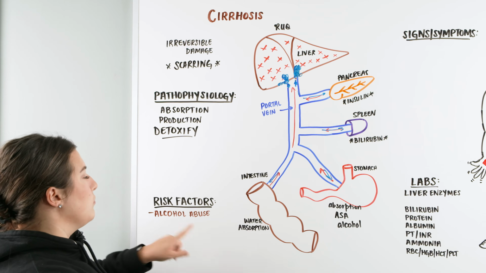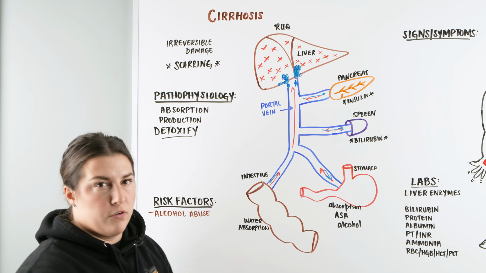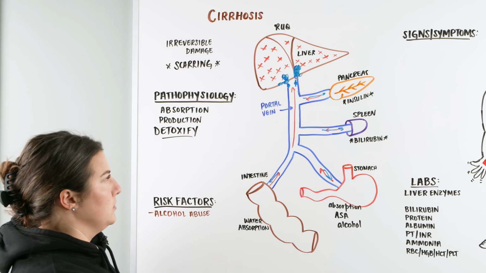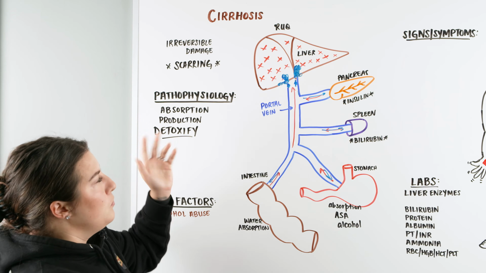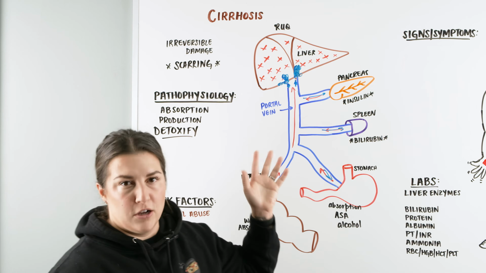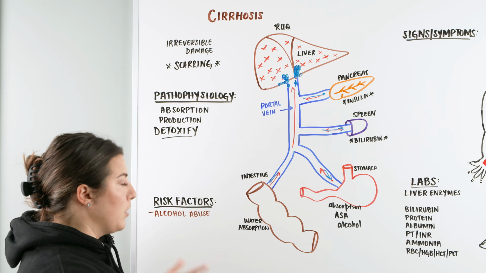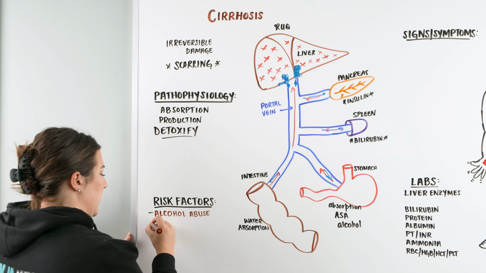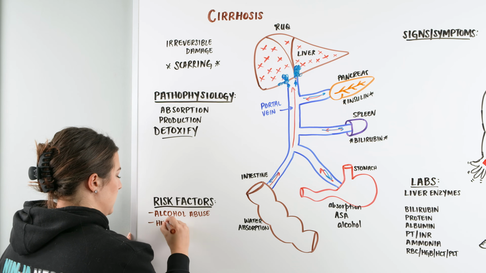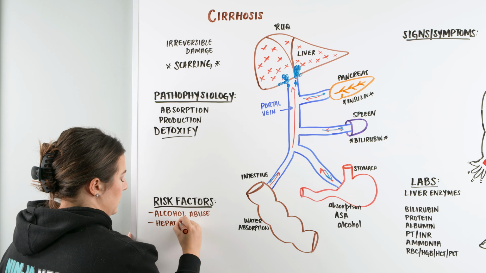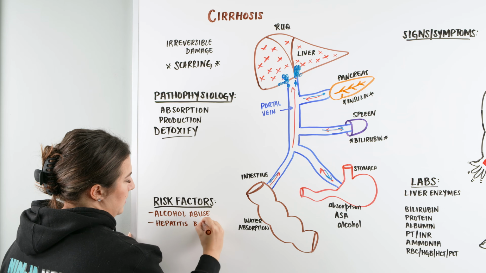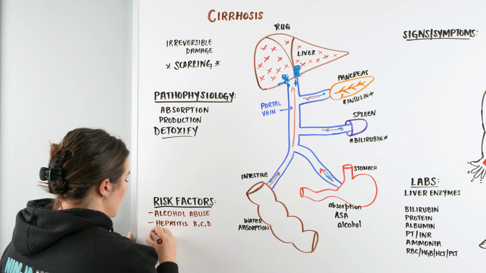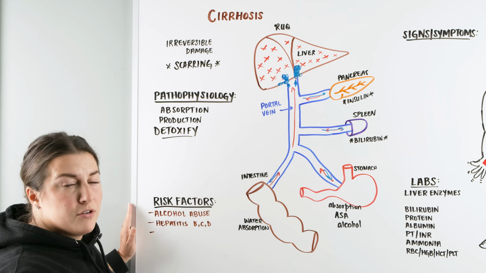But if we are doing chronic alcohol abuse over and over again, over long periods of time, years and years, eventually we create these fibrotic scarring nodules within our liver, and it's not properly functioning anymore, and we cannot reverse that. Another risk factor is going to be hepatitis, specifically B, C, and D. We can also think about other types of damage.